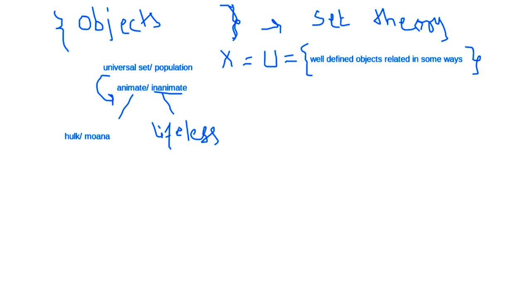Inanimate is lifeless data. Yes, understanding. So population includes both kinds of data. So first of all, it starts with population. Fine. I'm writing it at the start. Now population is of both types, that is with life and without life, or lifeless.